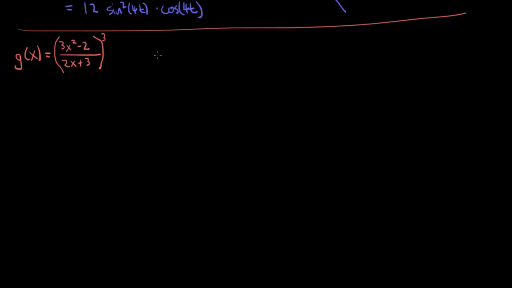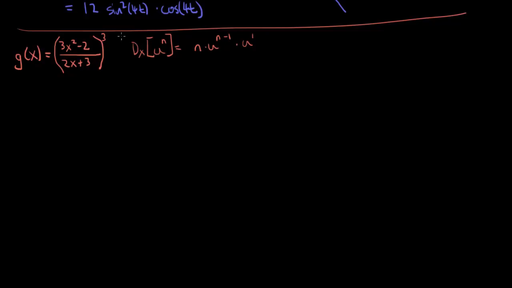This entire thing, the generalized power rule says that if you have u raised to some power n, and you want to take the derivative, you can say n times u to the n minus 1 power times u prime.